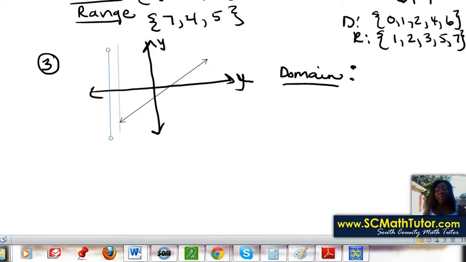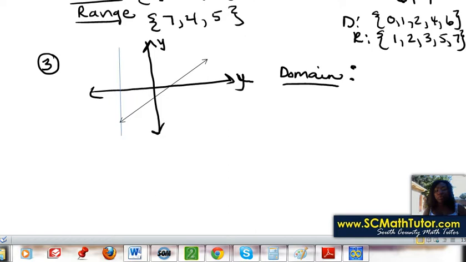If you're going from left to right on your graph, you start out with an arrow that goes on forever in the negative side of the x. As you go towards the left, you're going more and more into negative infinity. As you go towards the right, you're going more and more into positive infinity.